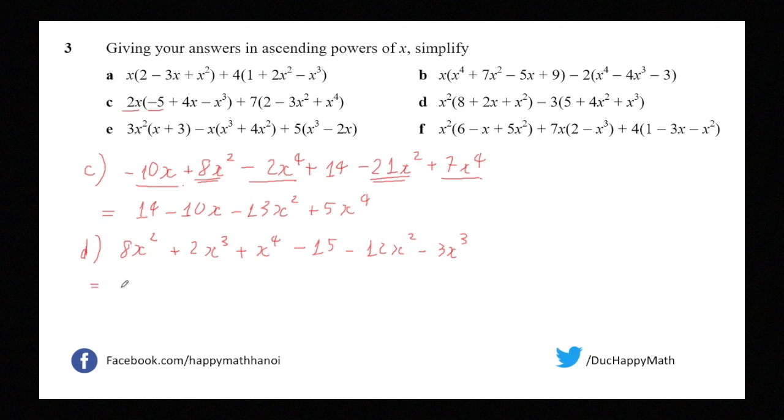The first term is the constant number. X to the power of 1, you have none. X to the power of 2, this one and this one, minus 4x squared. X to the power of 3, minus x cubed, plus x⁴. Okay, x⁴ is the maximum.